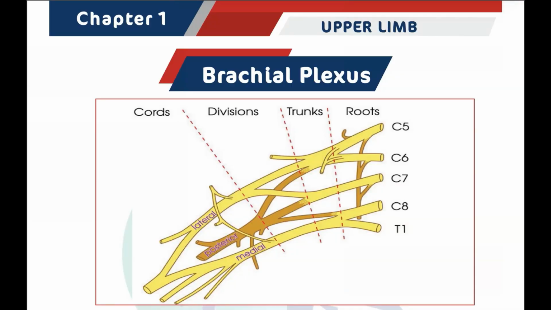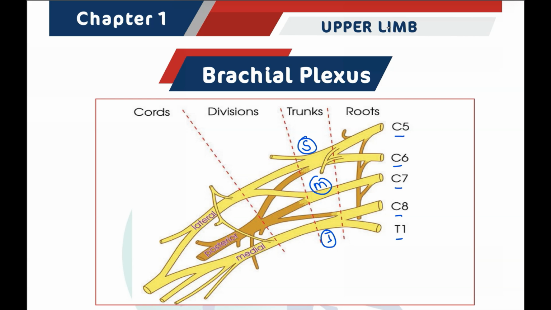So next up, we are going to talk about the brachial plexus. So brachial plexus has the root value from C5, C6, C7, C8, and T1. Now these roots are going to result in 3 trunks, like C5 and C6 are going to form the superior trunk. C7 is going to continue as the middle trunk, and C8 and T1 are going to make the inferior trunk.